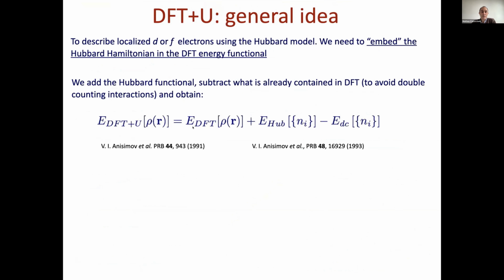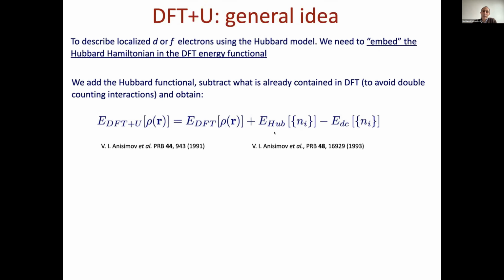And how do we embed this Hubbard model into the DFT? Basically, we take the usual DFT functional, a function of the charge density. We construct the occupations of the D states or F states, or whatever manifold of localized states we have in our system.